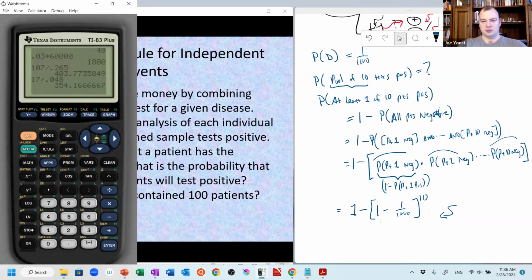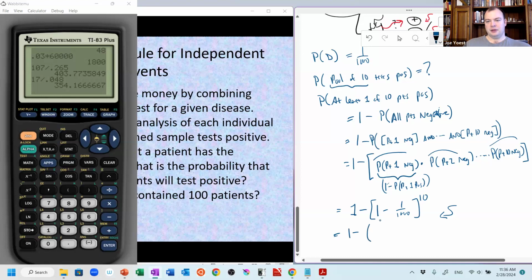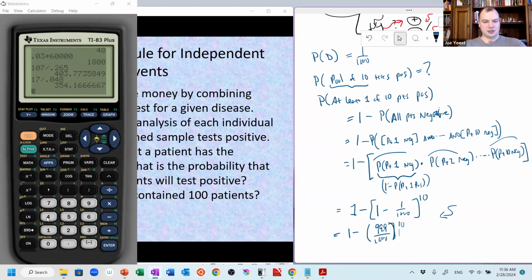I'm going to do one simplification here just to make things a little easier. 1 minus 1 out of 1,000, that's 1,000 out of 1,000 minus 1 out of 1,000, that's 999 out of 1,000. Just to save myself a little bit of hassle in the calculator. 1 minus parentheses 999 out of 1,000 to the power 10. That looks right.